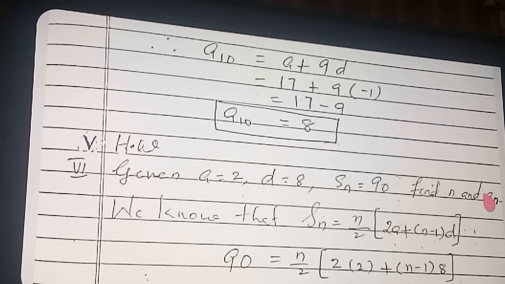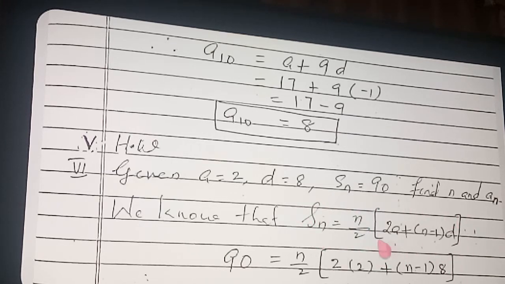For finding n, we have only one point, Sn given. From Sn we have to find the value of n. See here, what is the formula of Sn? N by 2 into 2a plus n minus 1 into d. From this we will find the value of n.